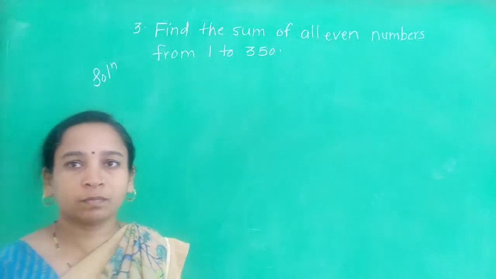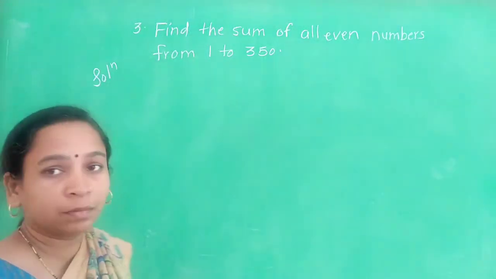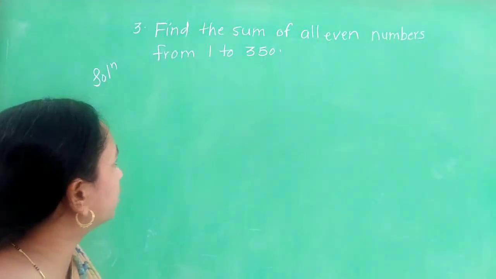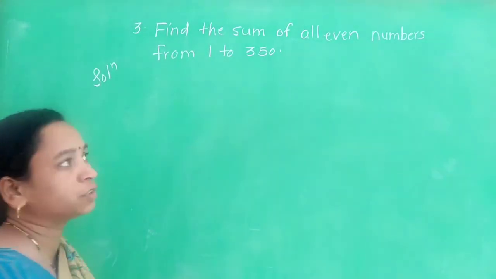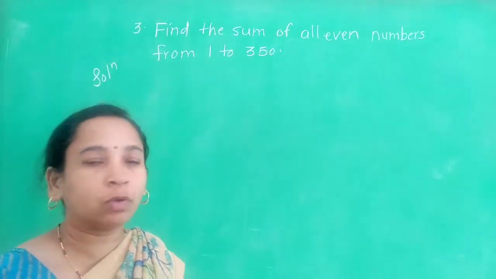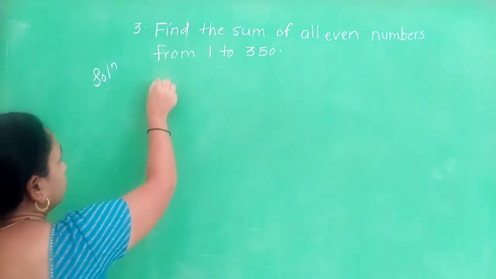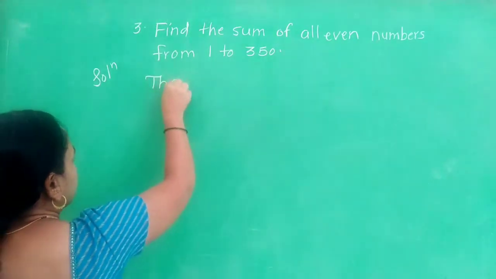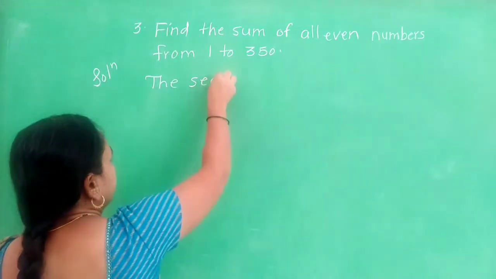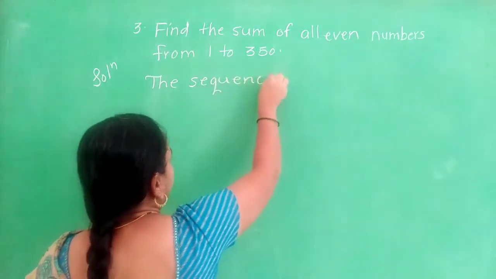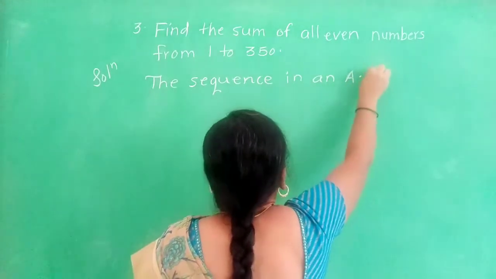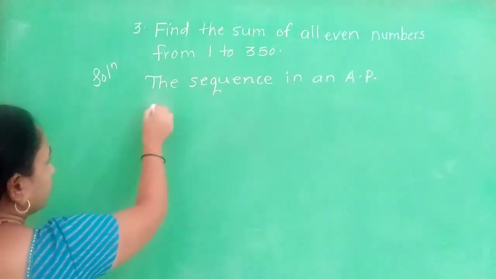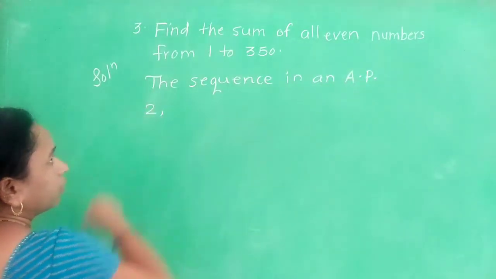15,252. Third example: find the sum of all even numbers from 1 to 350. Here we have to make the list of the even numbers from 1 to 350. So solution: the given sequence is an AP. So the sequence is even numbers.